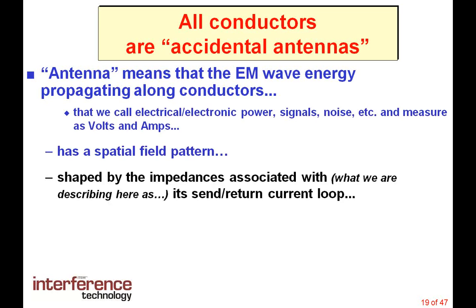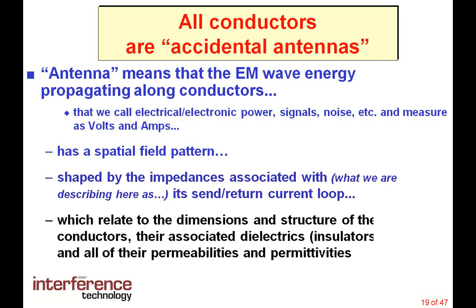And the field pattern is shaped by the impedances associated with what we're calling the send and return current loop. And that again relates to the dimensions and structures of the conductors, their associated insulators, and all of their various permeabilities and permittivities.